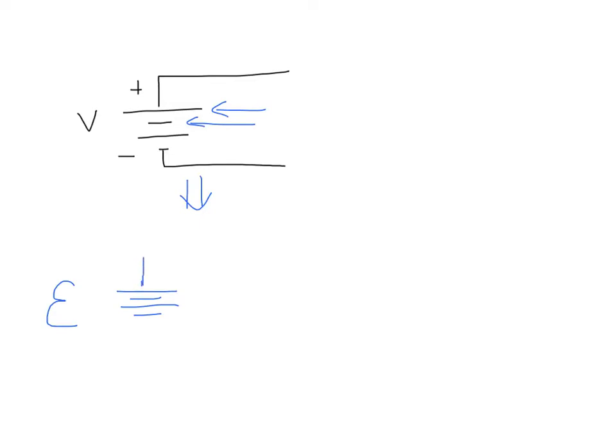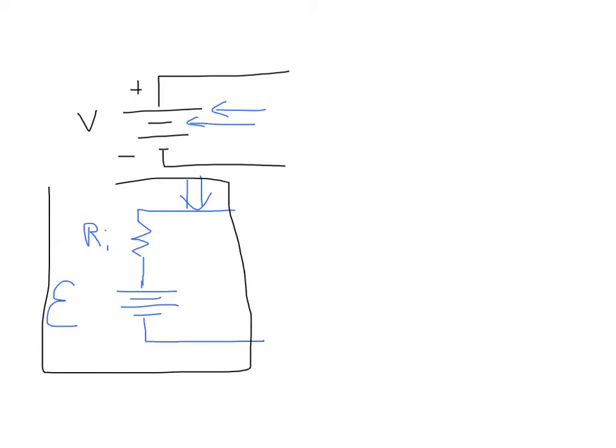But in series with the ideal battery is an internal resistance. I'll call that Ri. So this here constitutes everything that you see above it. So the terminals here correspond to the same terminals here.